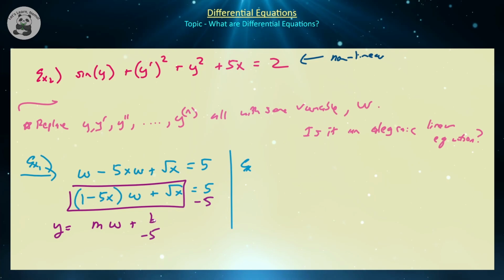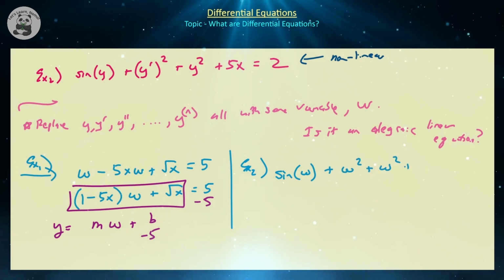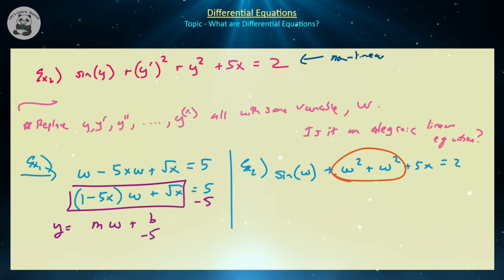But if we look at our second example, where we have, for example, the sine of w plus w squared plus 5x is equal to 2, obviously, that's not a linear equation, that is a quadratic equation, so that would be a quadratic differential equation, and the sine w doesn't really make anything nice at all.